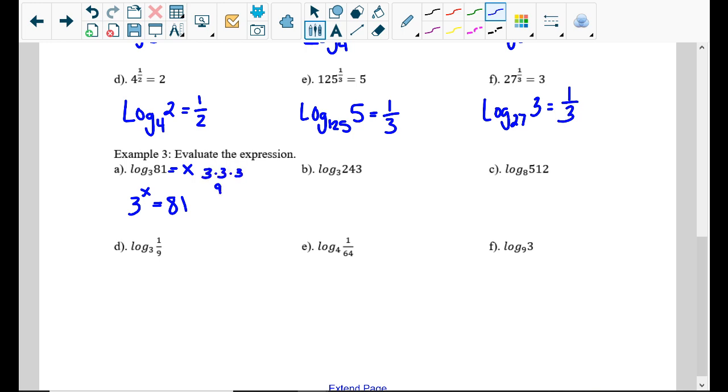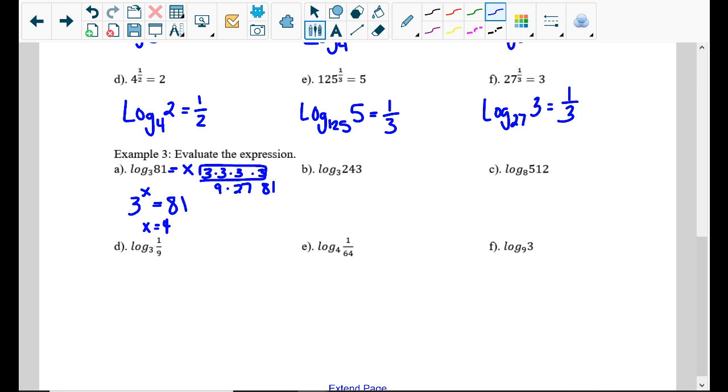Times 3, that's 27. 27 times another 3 gives me 81. So how many 3's am I looking at? 4 of them, so x in this case equals 4. So you know what number you're multiplying, just how many times do I need to multiply it to get to that value, in this case 81.